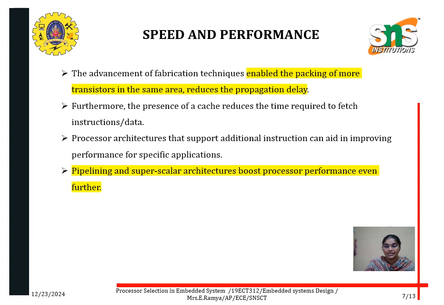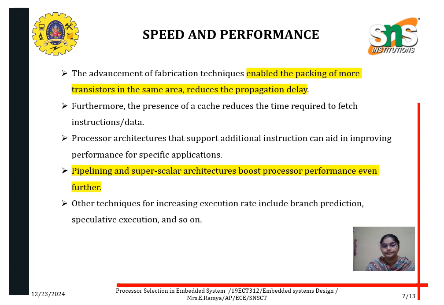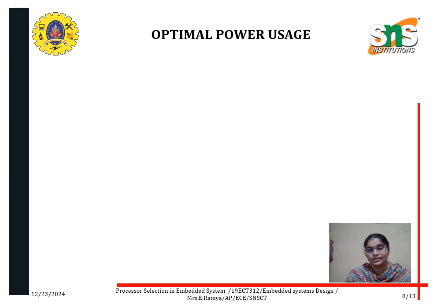Pipelining and superscalar architecture boost processor performance even further. Other techniques for increasing execution rate include branch prediction, speculative execution and so on. Multi-core processors are the new trend in performance enhancement of the processor.